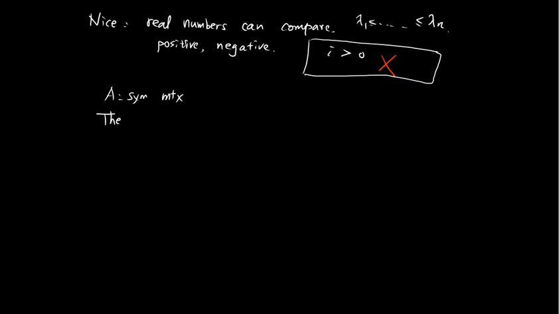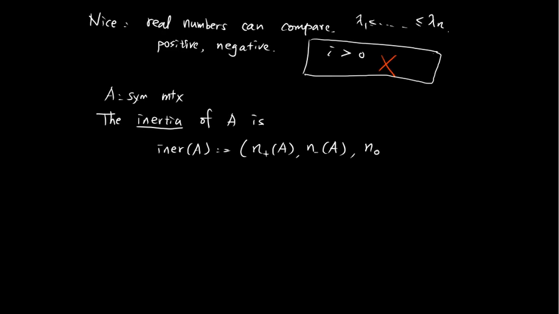The inertia of A is a triple denoted by Inertia of A, and this triple is composed of 3 integers, and we usually write it as n plus, n minus, and n0.